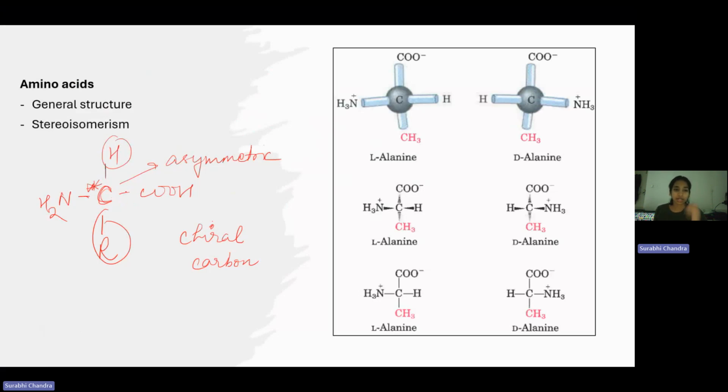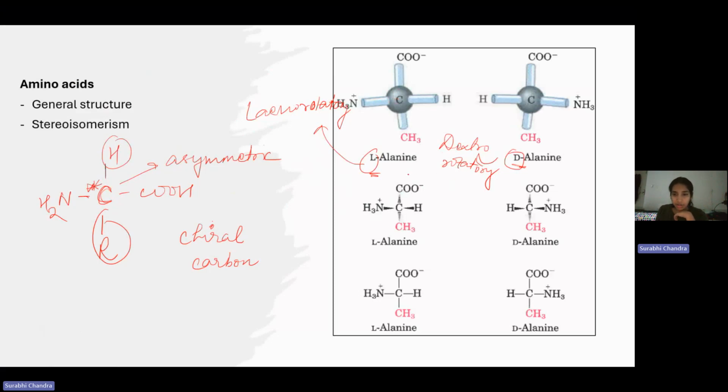It can either have an L isomer or a D isomer. L means levorotatory, D means dextrorotatory. These terminologies come from whether the molecules are able to rotate plane polarized light in the anti-clockwise or clockwise direction.